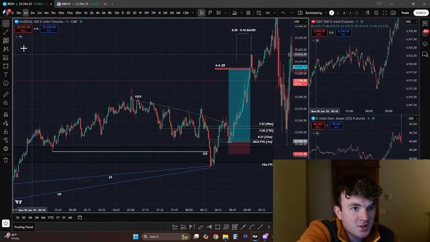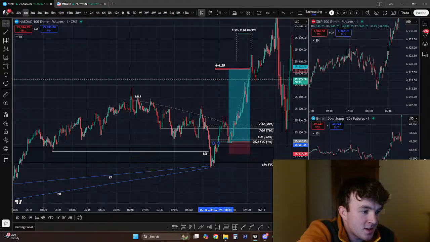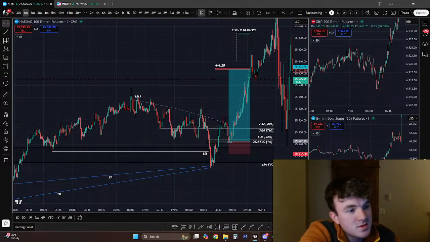Oh, let's show the breaker structure just so people are aware. There doesn't need to be a breaker structure once again, but it's kind of in the nature of what the 2022 model is supposed to do, you know.